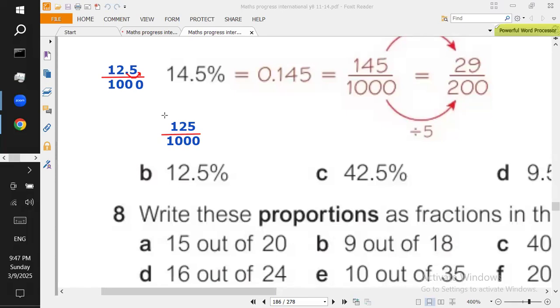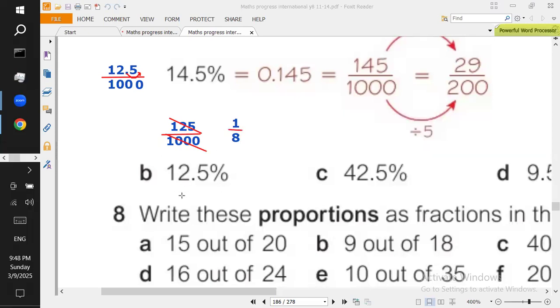When you simplify, divide by 125, divide by 125, because both of them can be divided by 125. And the final answer will be 1 over, when you divide 1,000 by 125, you'll get 8. So the final simplified fraction is 1 over 8.